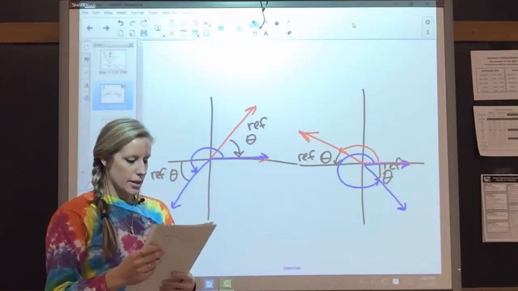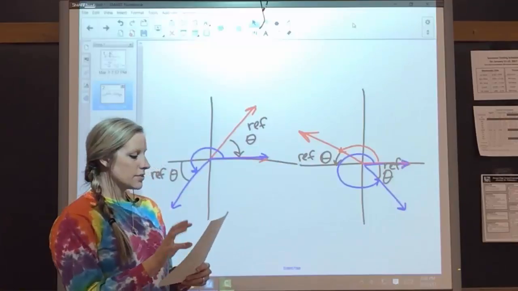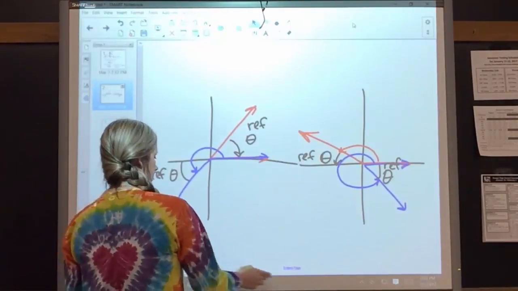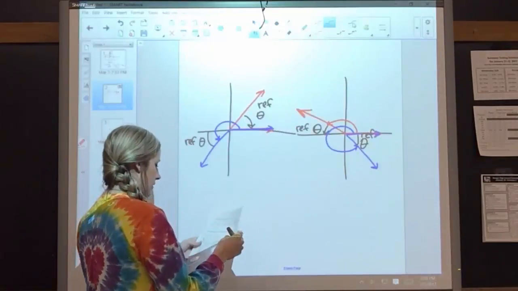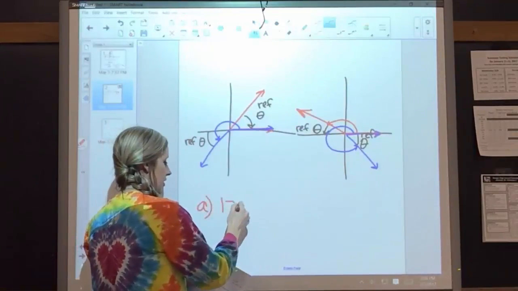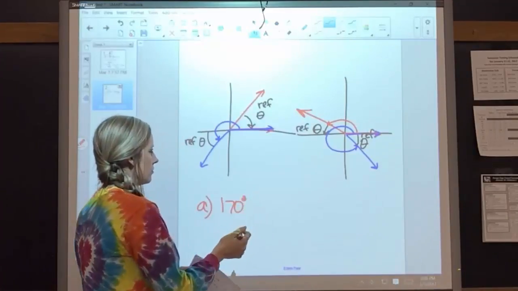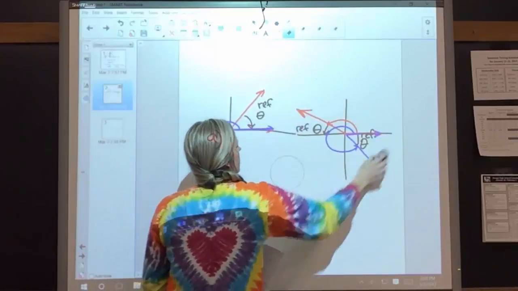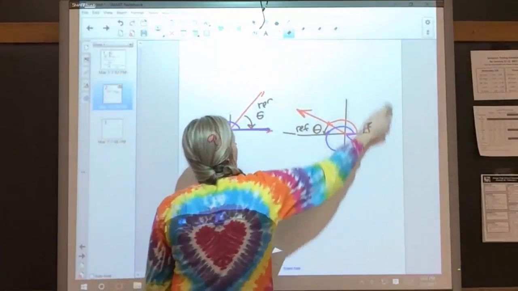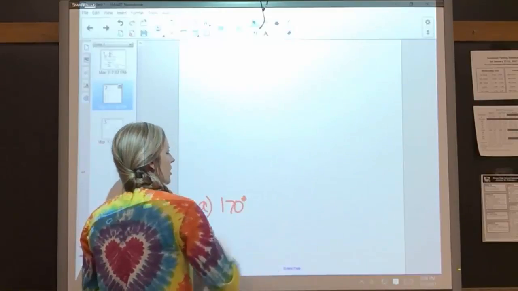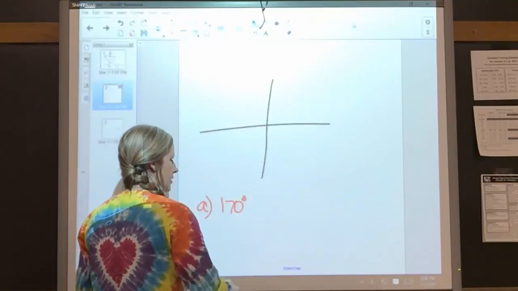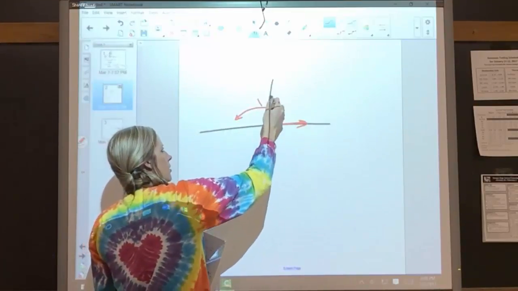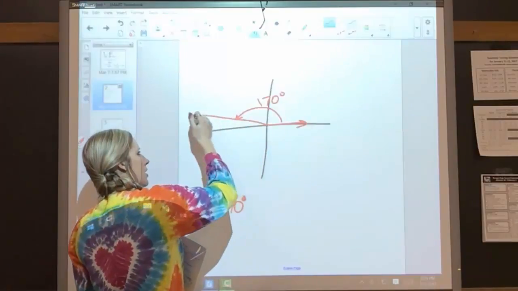So let's turn to the back. It says find the reference angle if theta equals, and it gives you 3 problems. Okay. If we're going to find the reference angle, let's say of 170 degrees, this is going to be, let me erase this. Didn't work. There we go. 170 degrees is going to start on the x-axis and go all the way over here.